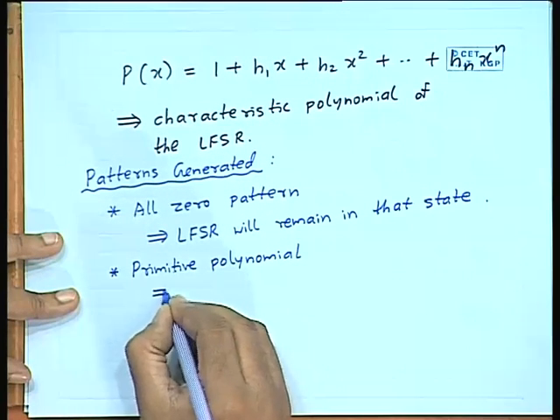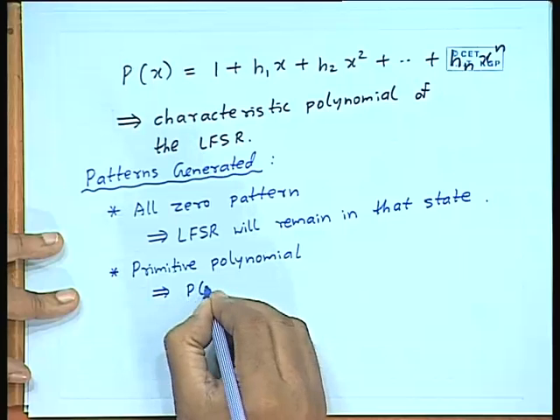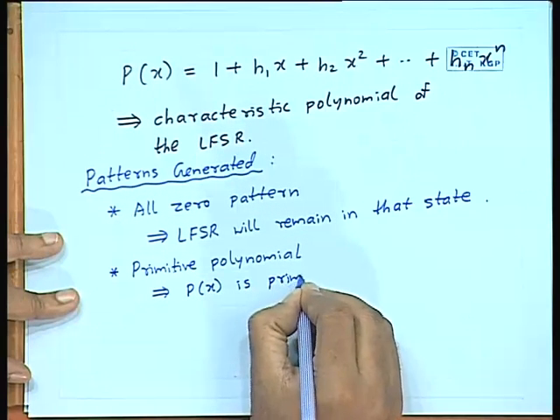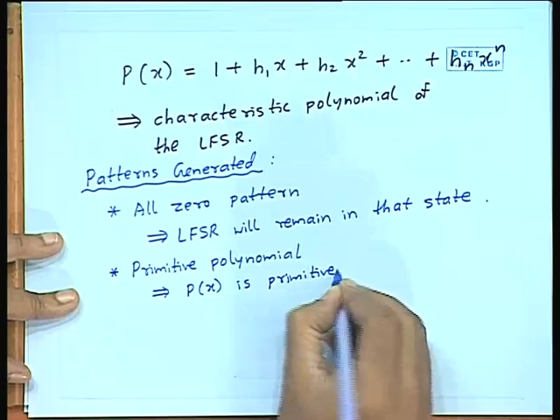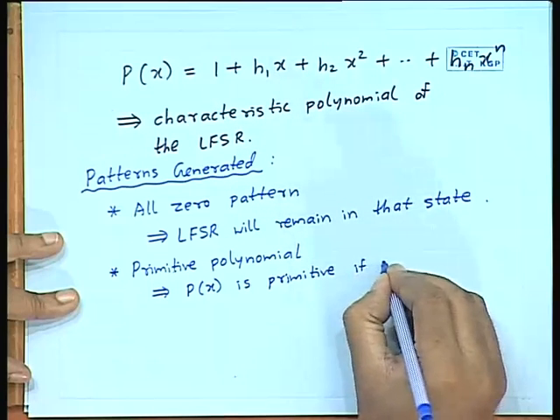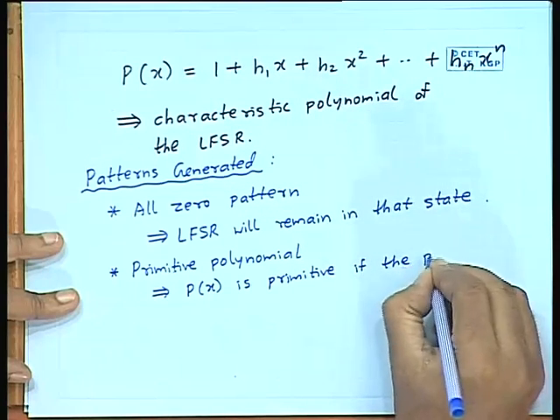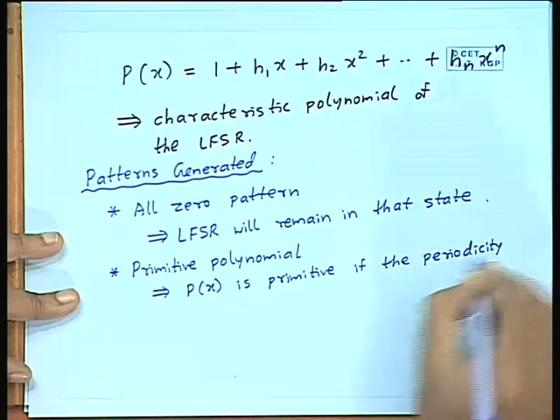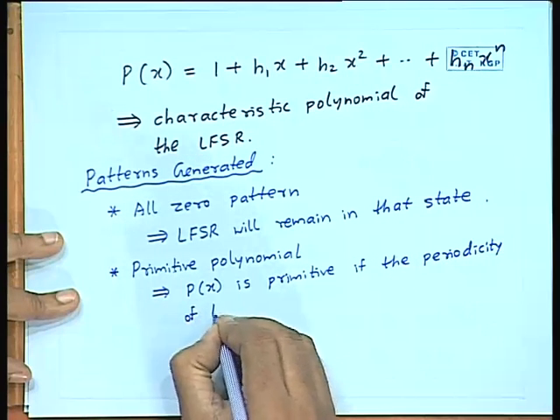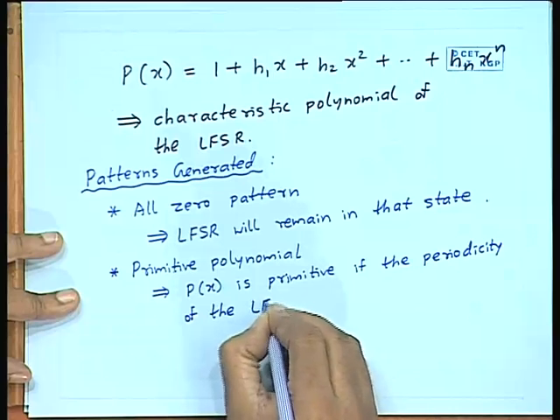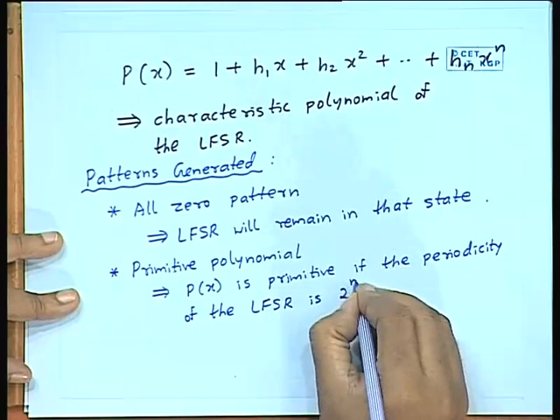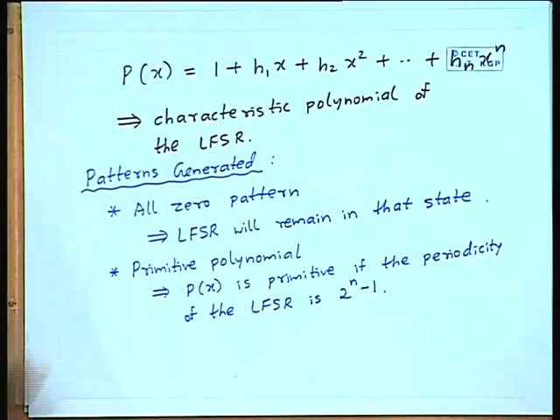The idea is that the characteristic polynomial P(x) is called primitive if the periodicity of the LFSR is 2 to the power n minus 1.